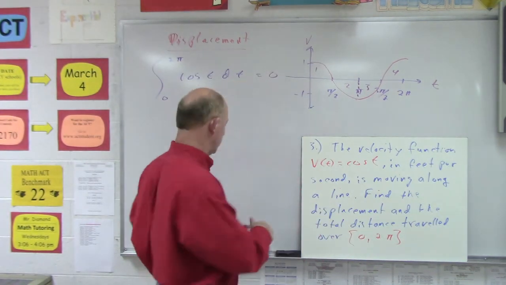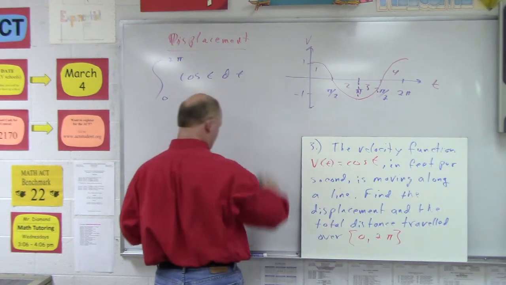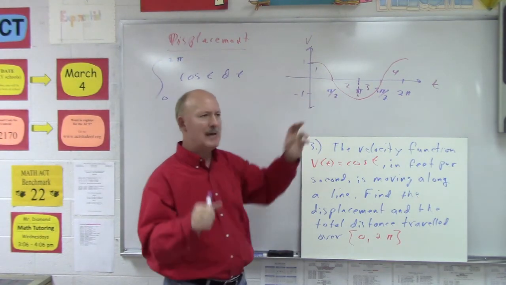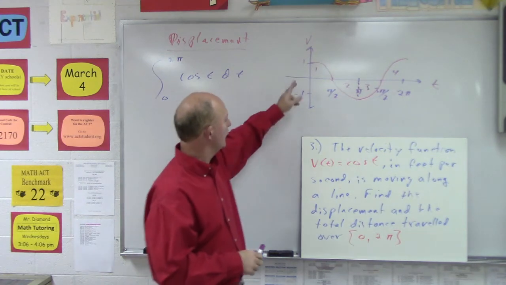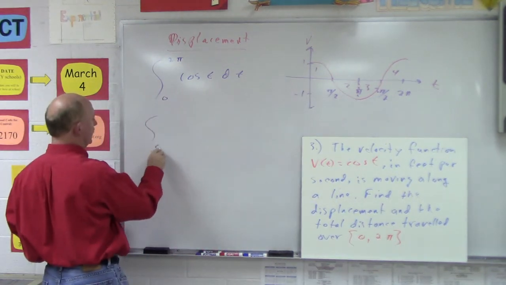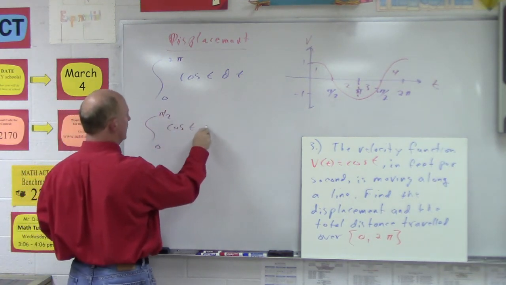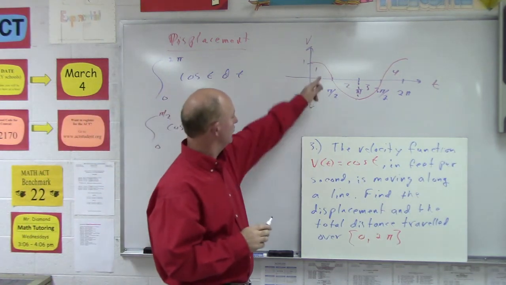So what I'm going to do is this. I know these regions are all equal, so I want to integrate from 0 to pi over 2 and see what that distance is. How far has the particle traveled from 0 to pi over 2? I set my integral up from 0 to pi over 2 of cosine t dt, and that'll give me the area of this first region.